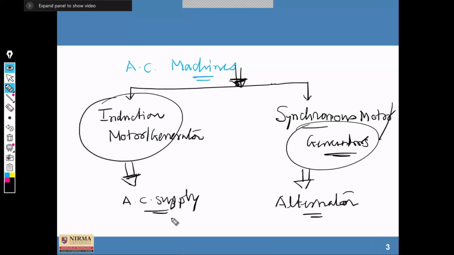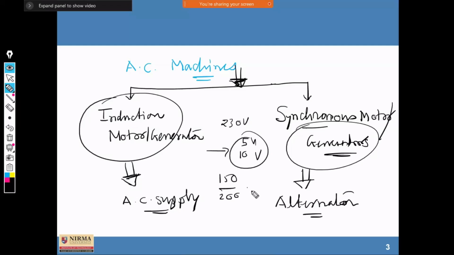So if we want to use DC machines in our industry, we need some rectification circuitry for conversion from AC to DC, and that DC can be utilized. So there is an additional cost of that rectification. Now for 230 volt to 5 volt and 15 volt, the adapter cost, we know, is around 150 to 200 rupees.